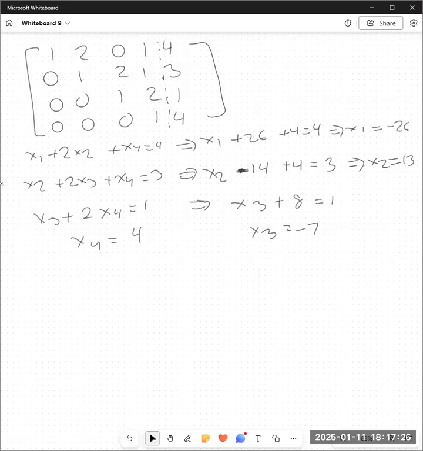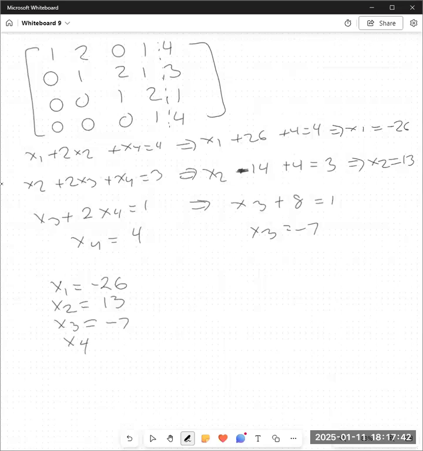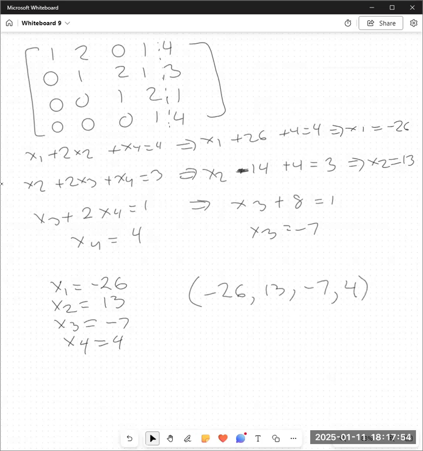So I have a solution of x1 equals -26, x2 equals 13, x3 is equal to -7, x4 is equal to 4. I could write that as an n-tuple, -26, 13, -7, 4 as well.